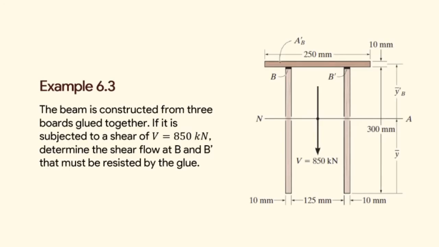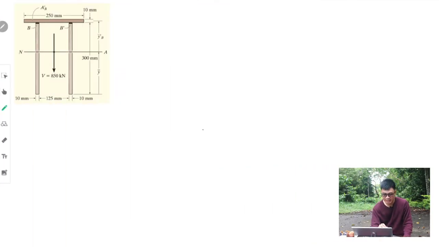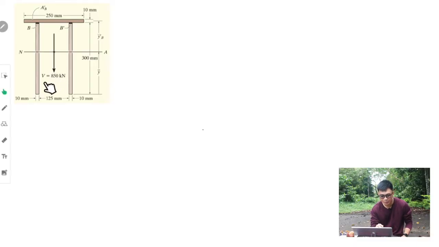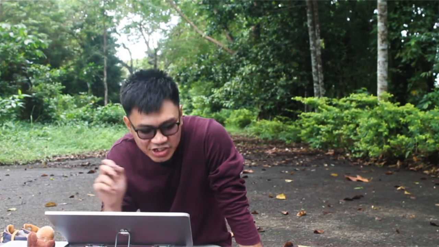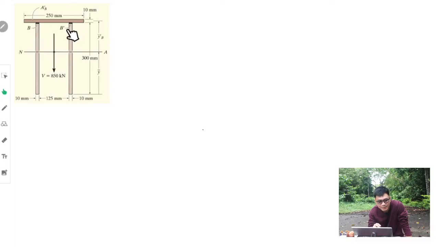Okay, so that's it. And to understand more on this topic, let's have an example. We have this composite beam that is constructed using 3 boards. Okay? If this beam is subjected to a shear force of 850 kilonewtons, then we have to determine the shear flow at B and B prime.